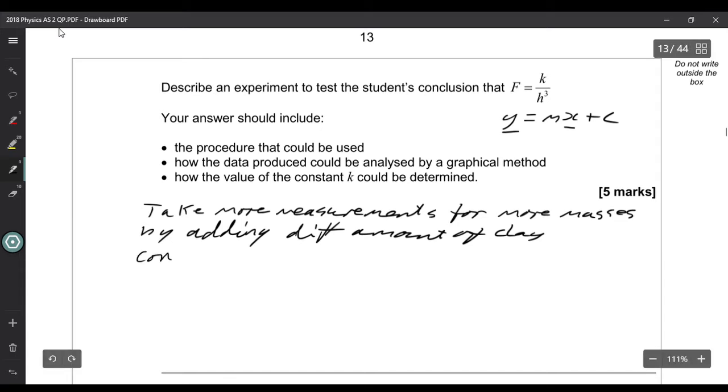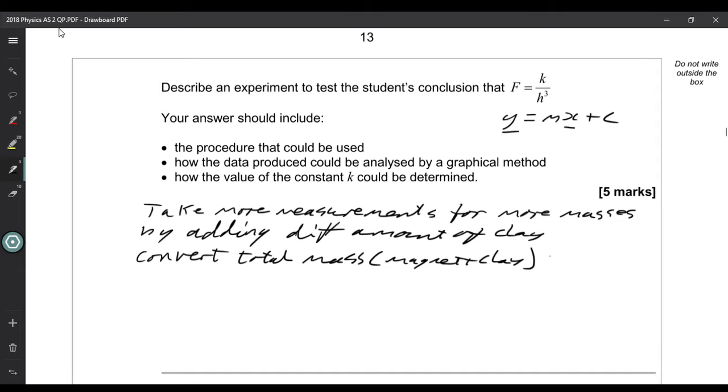Convert total mass, i.e. the magnet plus clay, into weight.